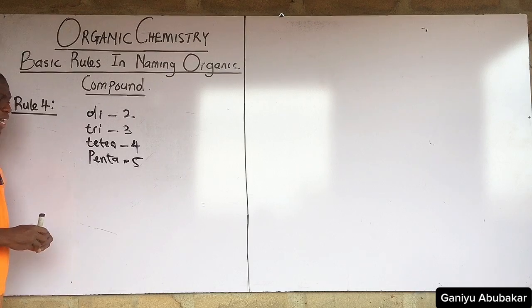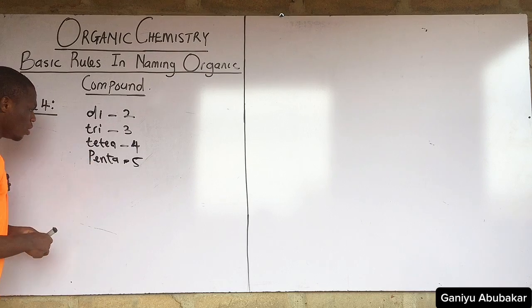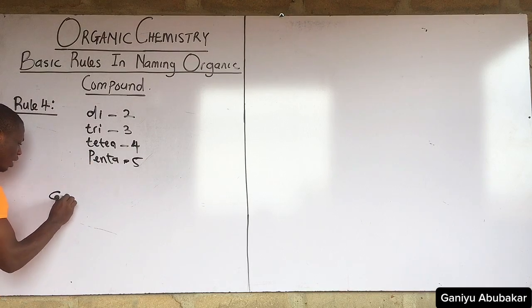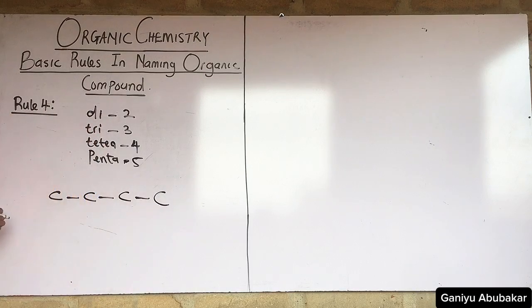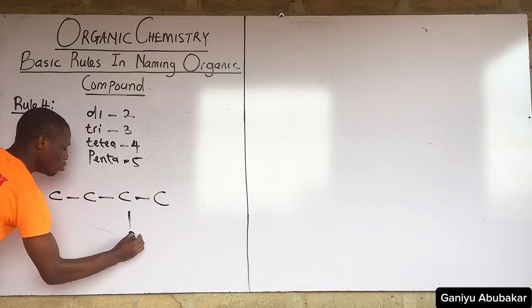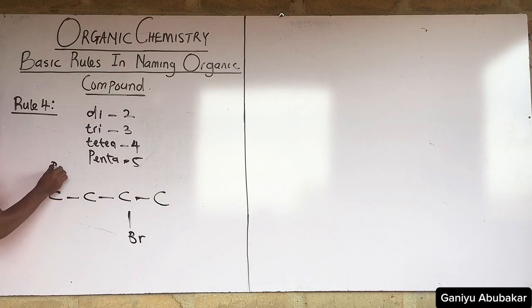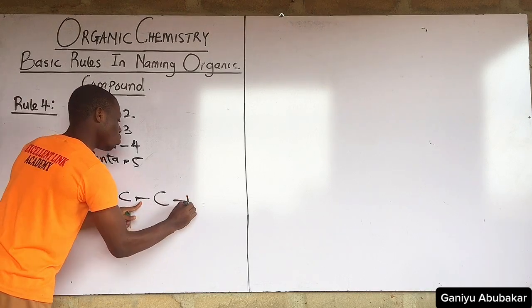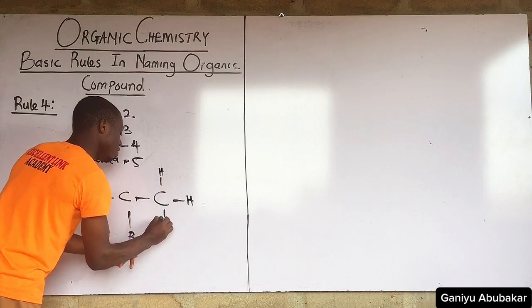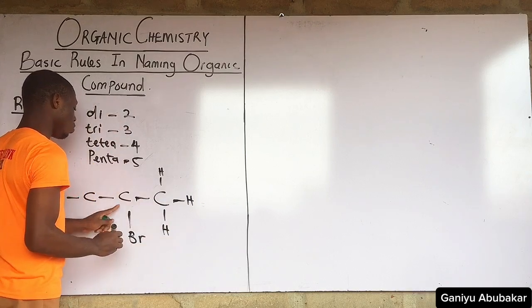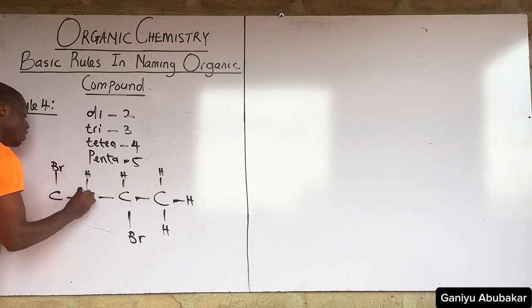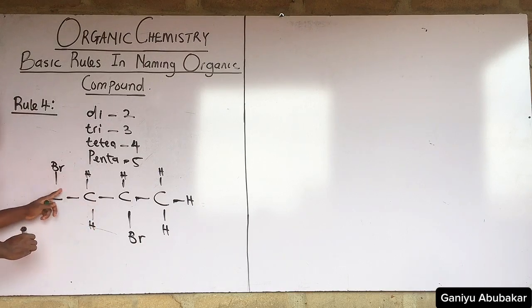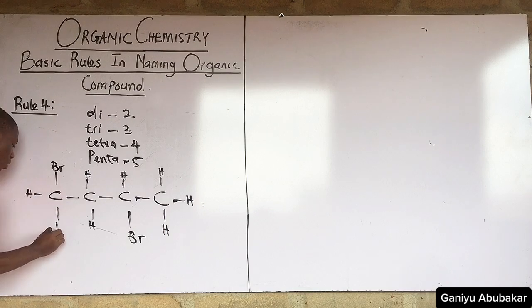So let's take an example to further explain this rule 4. Let's say I have a compound such as this, with bromine here. Let's balance this. This is 1, 2, 3, 4.